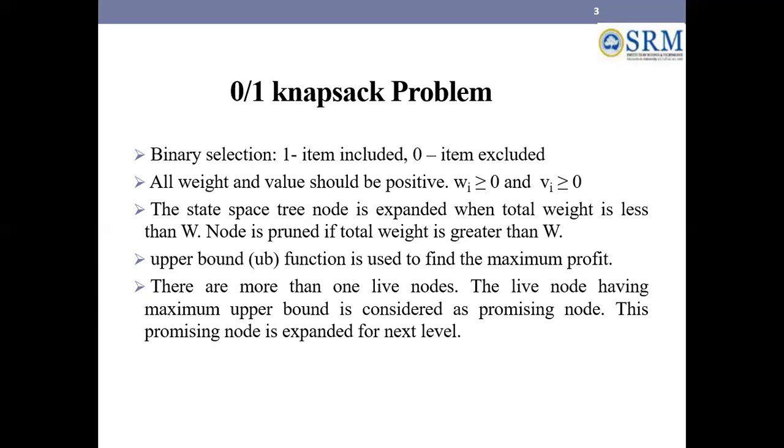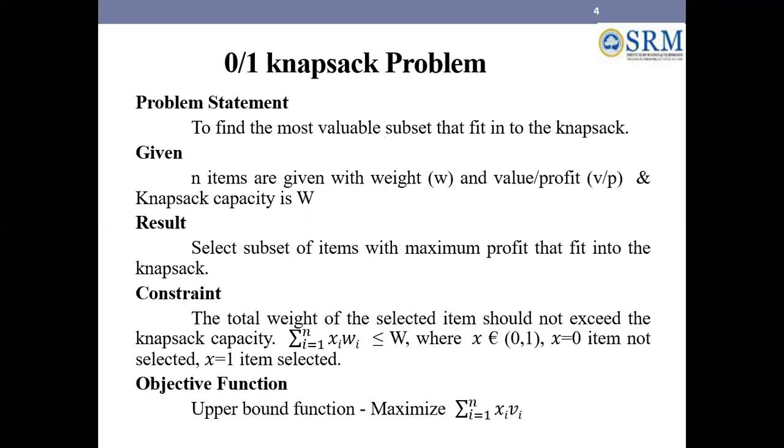So we are pruning non-promising nodes and choosing only the promising node, which leads to the optimal global solution. And the problem statement is to find the most valuable or most profitable subset of items that fit into the knapsack capacity W, capital W.